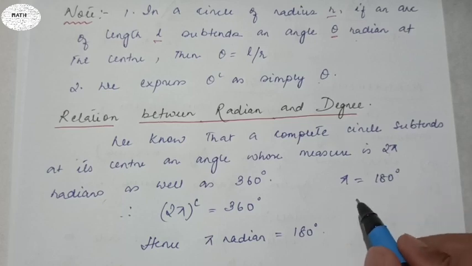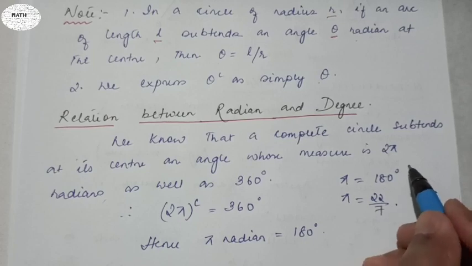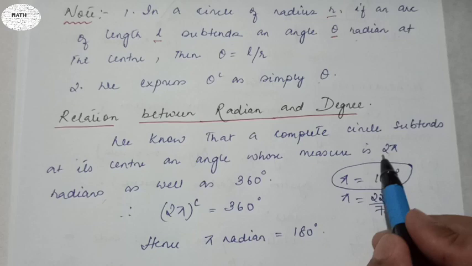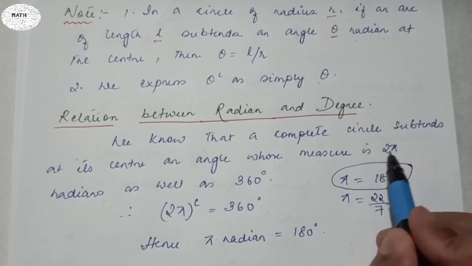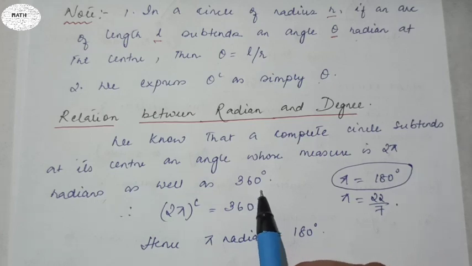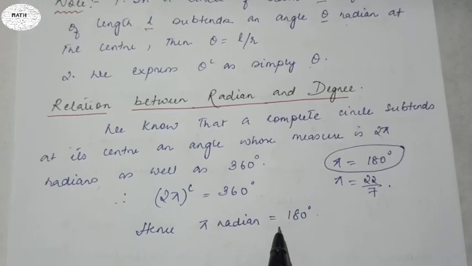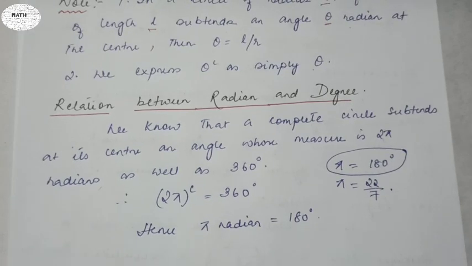Until and unless the value of pi is given as 22 by 7, we will always consider pi to be 180 degrees. So 2 pi means 2 into 180, which is 360 degrees, the angle of a circle. Therefore 2 pi radian is equal to 360 degrees, so pi radian is equal to 180 degrees. So that's all about the relation between radian and degree. You can pause the video and write it down.